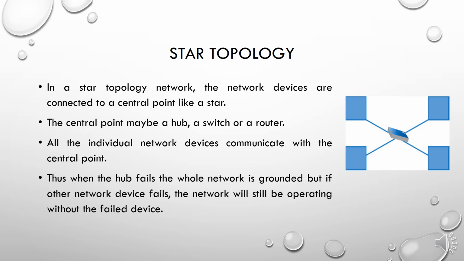Because if network user 1 fails to work, users 2, 3, and 4 will still work. But if the central point fails to work, the whole network will go down. If one of the users fails to work, it won't affect the other users. They will still communicate with one another. So that is the concept of star topology.